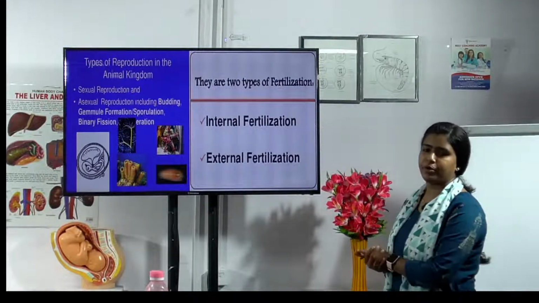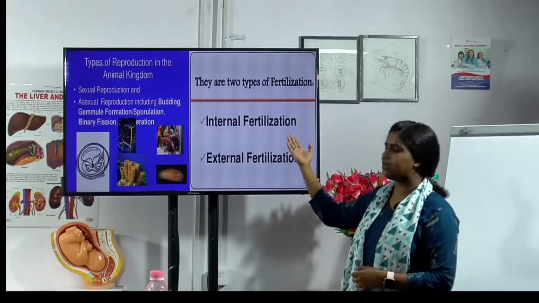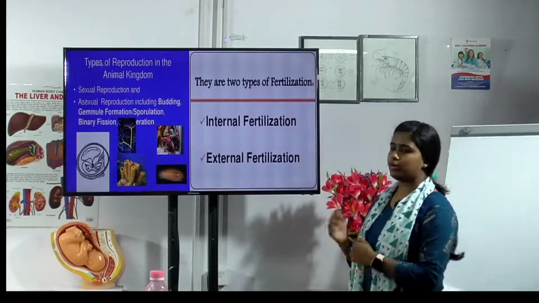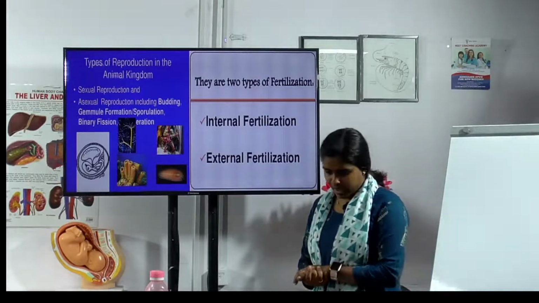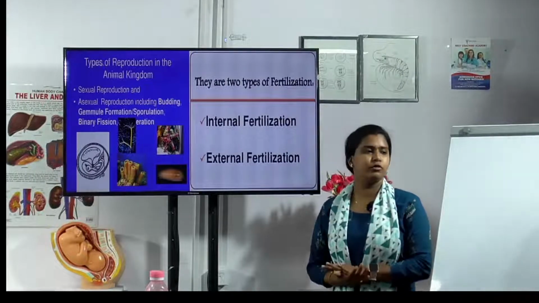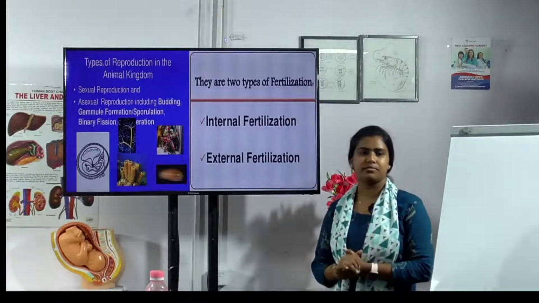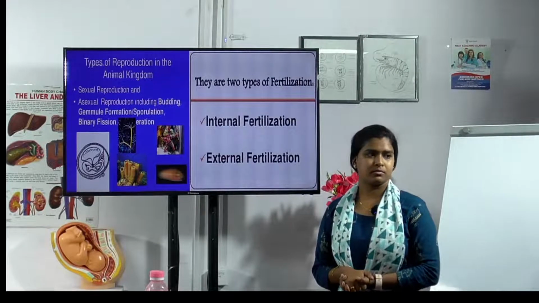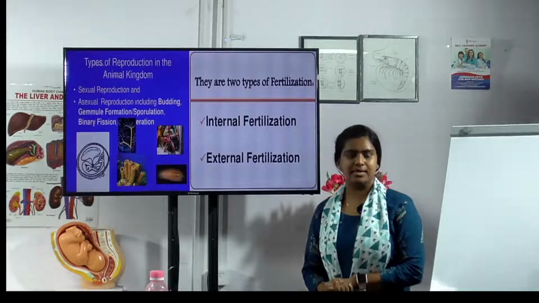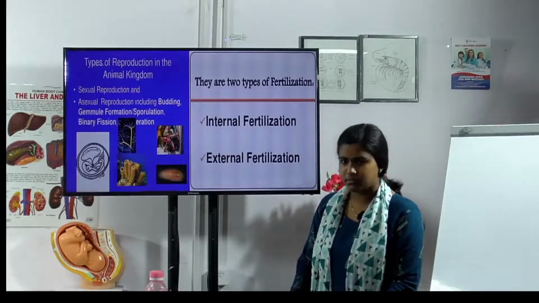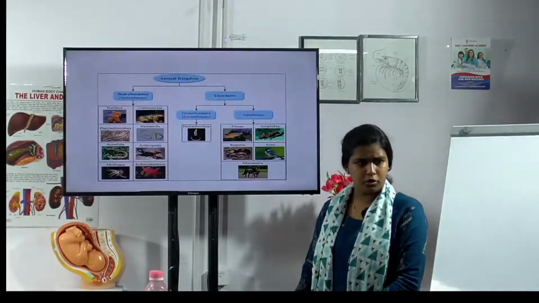The types of reproduction are normally sexual and asexual. Asexual includes budding, gamete formation, sporulation, binary fission, etc. Fertilization is of two types, internal and external. What is internal fertilization and what is external? For example, external in some animals, internal in birds and humans.